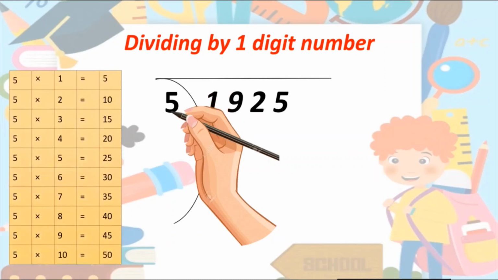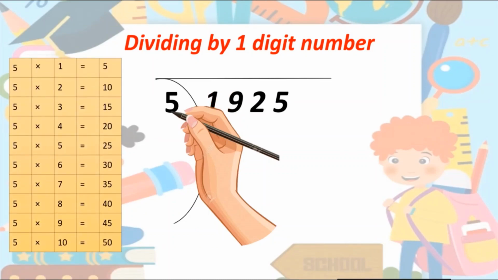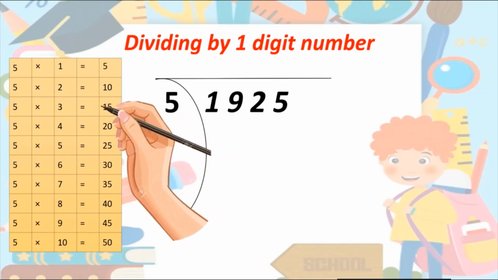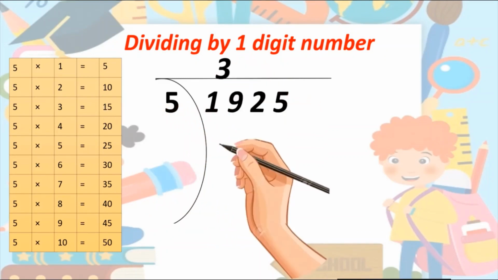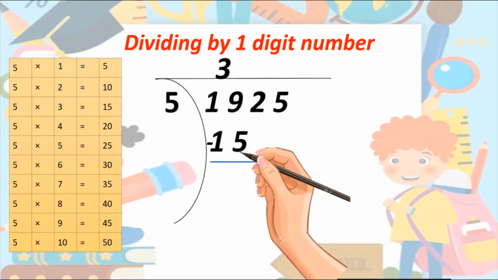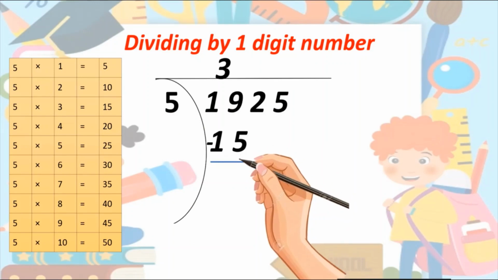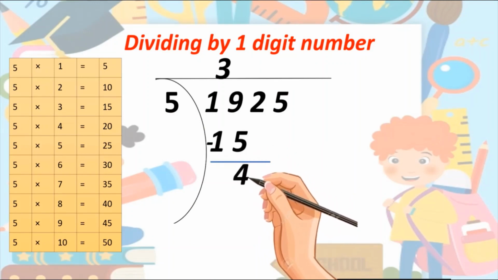And then we look into the table of 5. We need to find a number which is nearest to but less than 19. So 5 threes are 15. So we write 5 threes are 15, and when we subtract 15 from 19, we get 4.